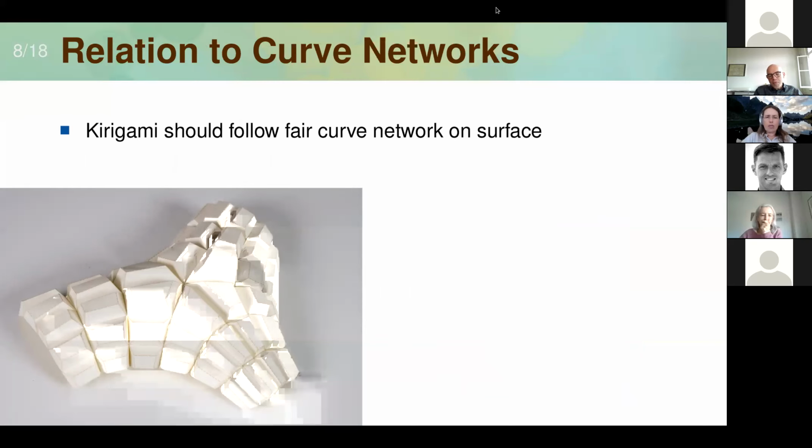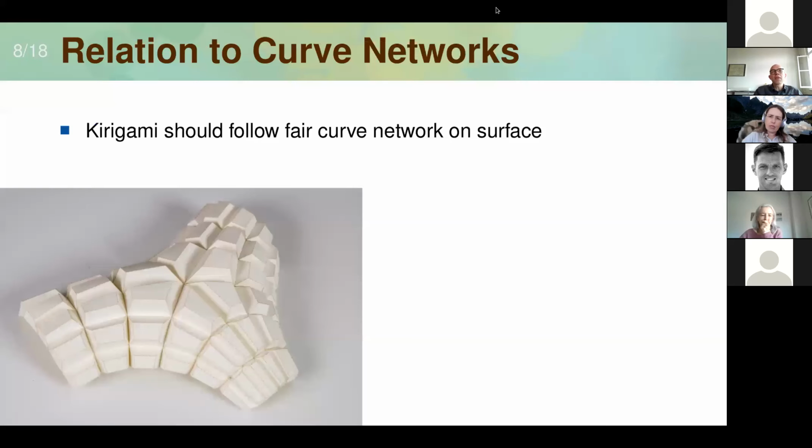This Kirigami structure that represents a surface is not smooth. It's a kind of corrugated representation of such a surface, but nevertheless, there is a smoothness in the pattern. So for example, the original edges from the base mesh that are still there in the Kirigami structure should be fair in a certain sense.